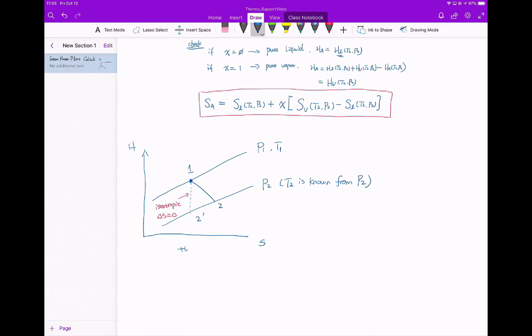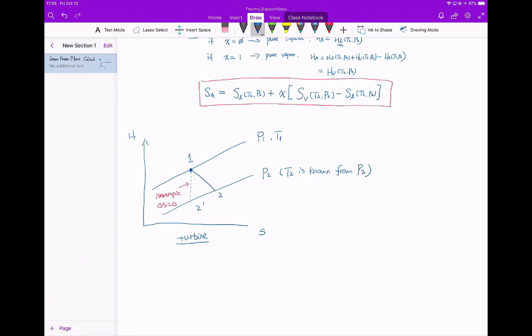So this is still the turbine. Let's say I'm going to have a turbine. This is my inlet of the turbine. This is my shaft work output of the turbine. This is my outlet of the turbine.